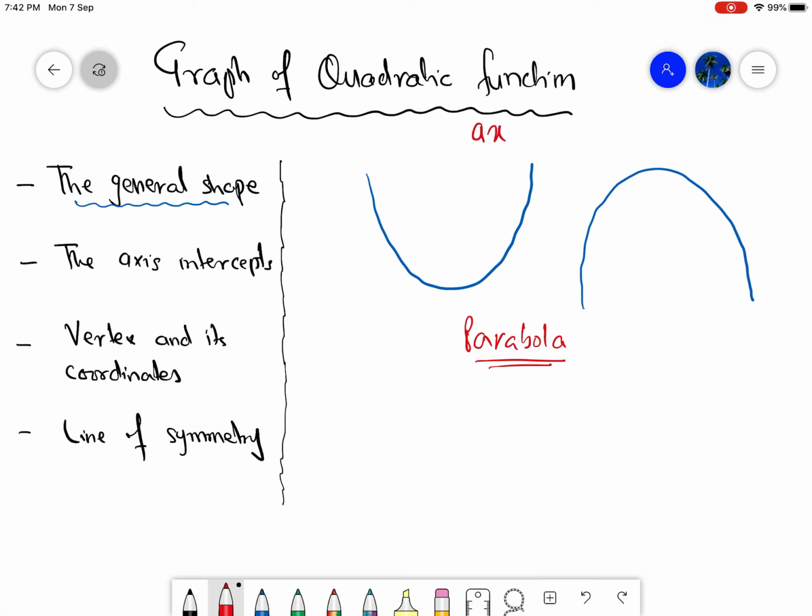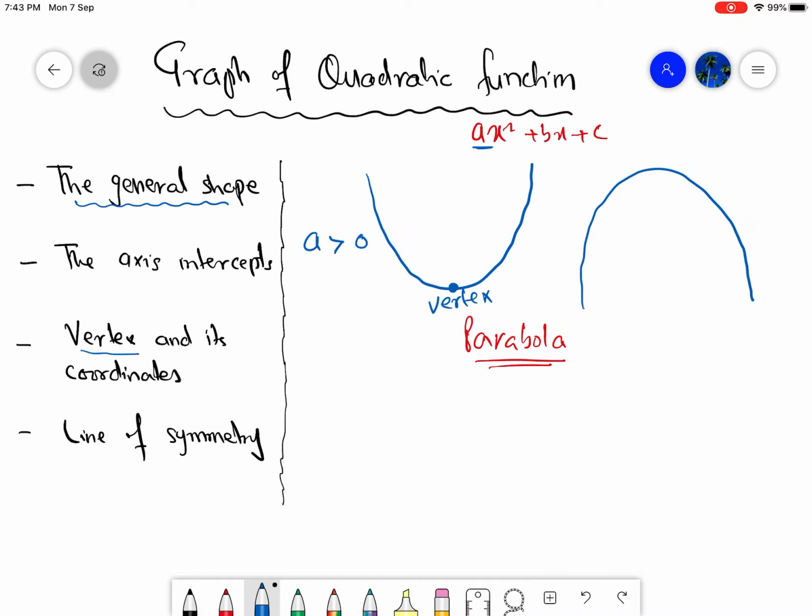In the general form of the equation, which is ax squared plus bx plus c, if the coefficient of x squared, which is a, is positive, that is, a is greater than 0, then you will get a graph of this type in which the point here, which is known as the vertex, will be at the lowest part of this parabola.